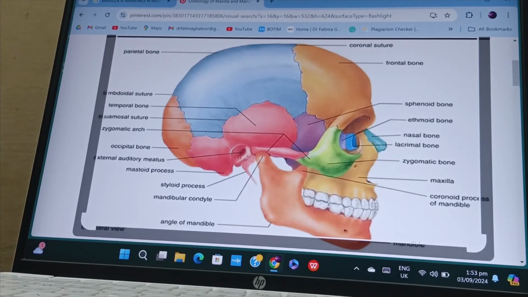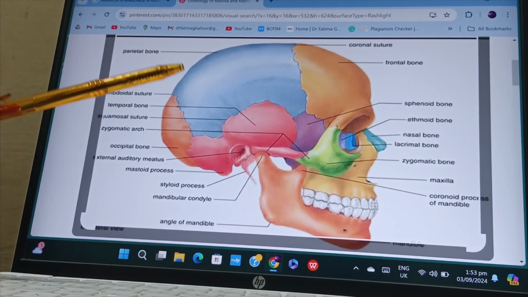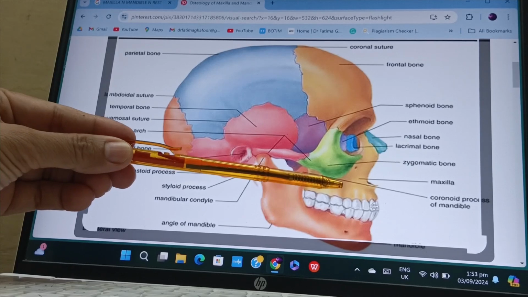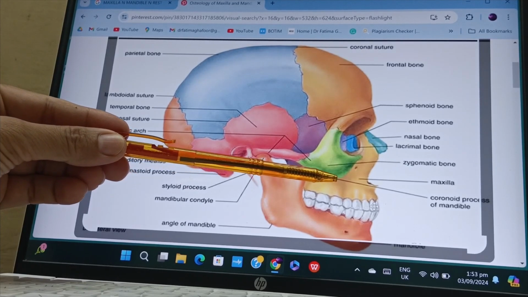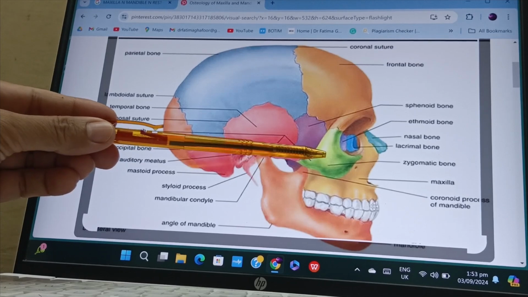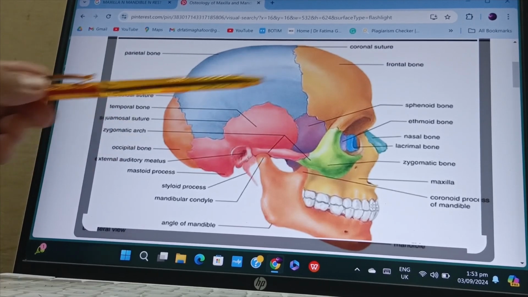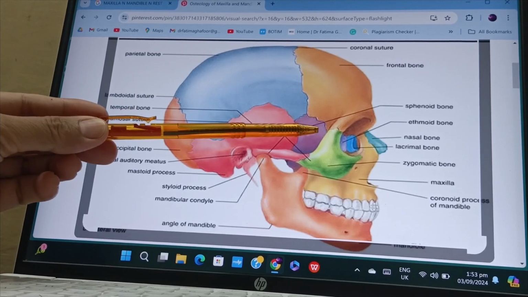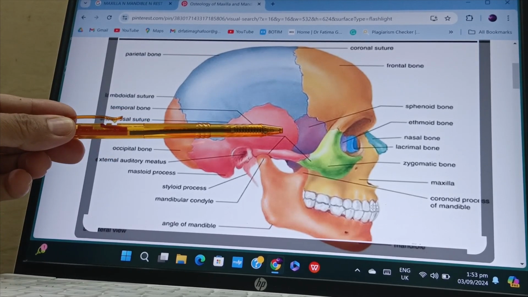Now, here we should learn about the skeleton being derived from the first pharyngeal arch. So, see, first there is the maxilla that is formed by the maxillary process of the first pharyngeal arch. Then we see the zygomatic bone. Then you can observe the squamous part of the temporal bone.